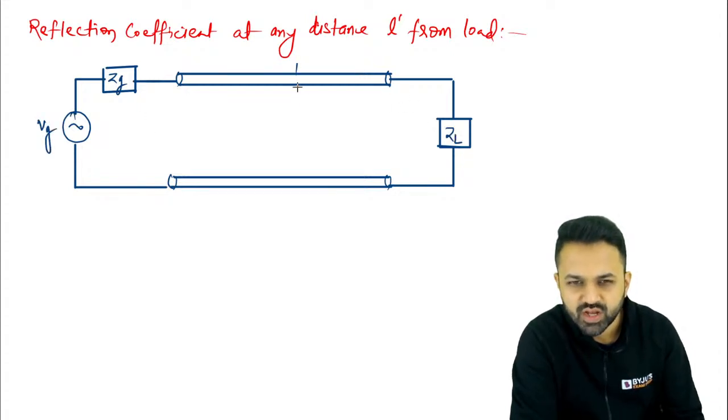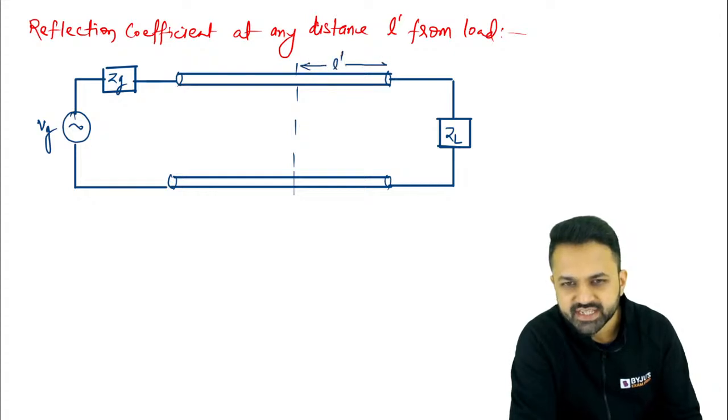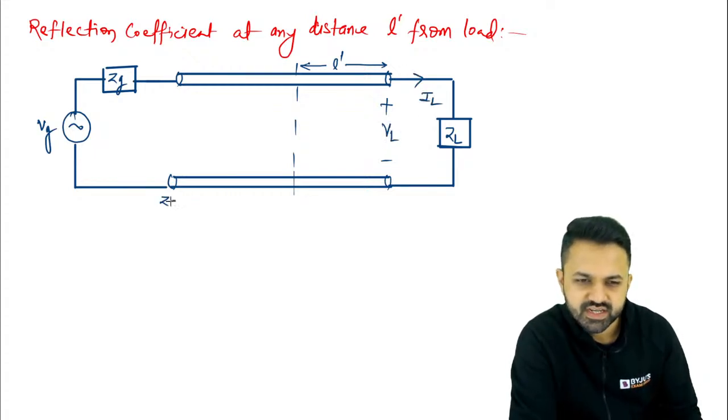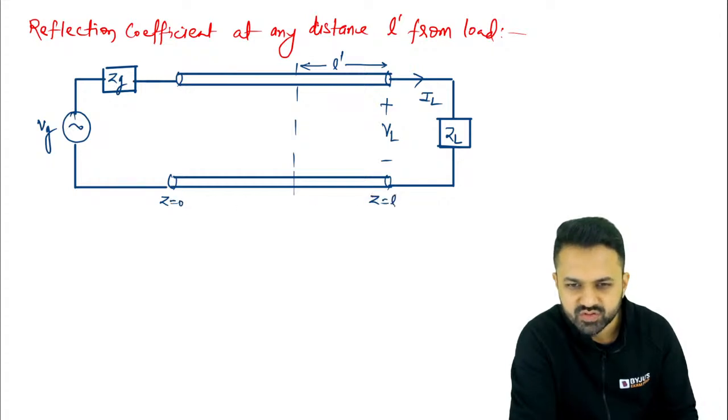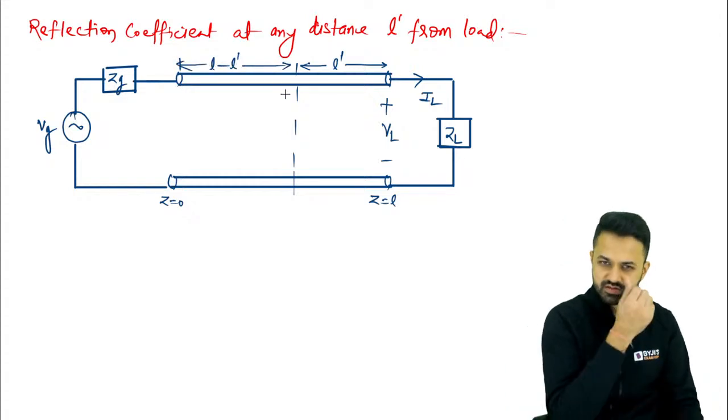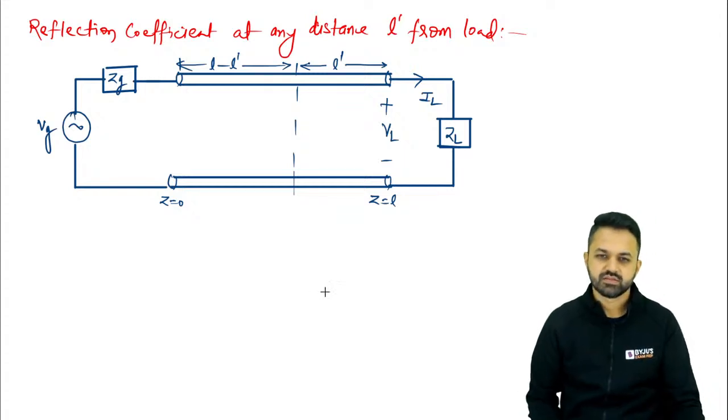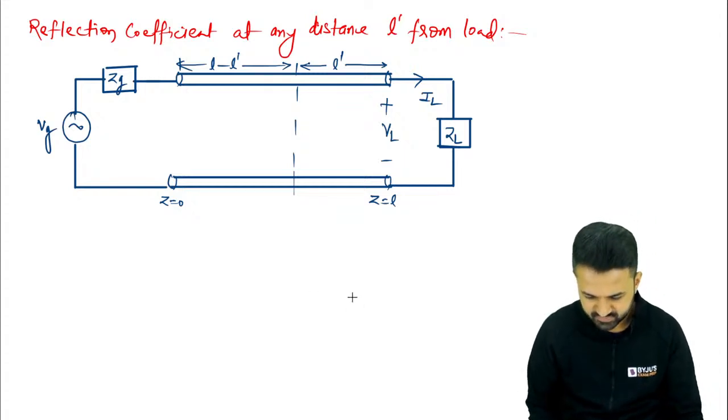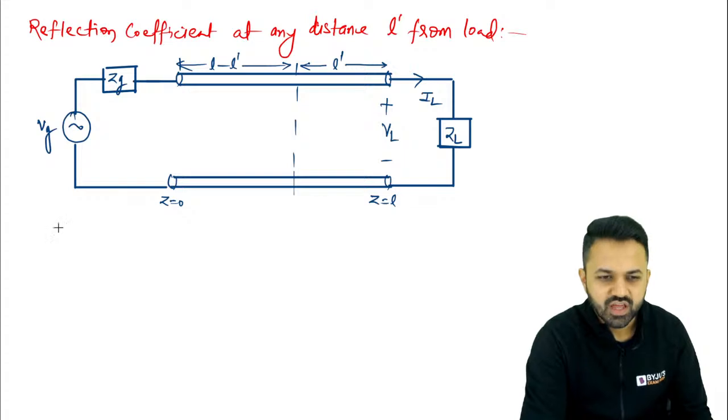Now we want to calculate the reflection coefficient at any distance L dash from the load. This is the load, that is Z is equal to 0, and that is Z equal to L, so that is the total length L. So this distance would be L minus L dash.